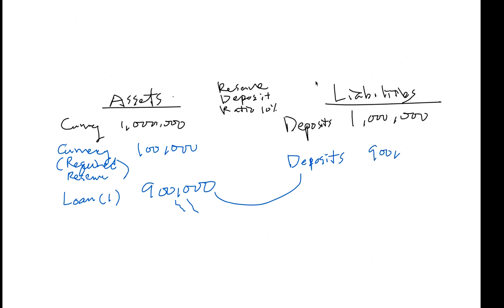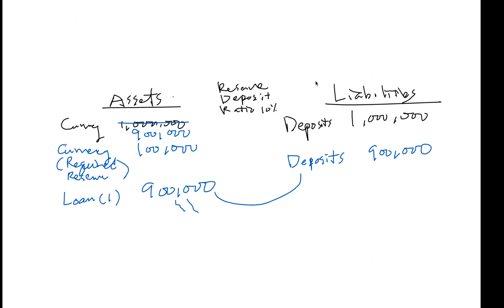So this was 100,000 reserve and 900,000 loan. Now people deposit back, and the bank says, okay, we'll manage it for you, and this comes back as an asset. The money becomes 1 million back plus the 900,000 loan, 1.9 million. End of first round of lending.